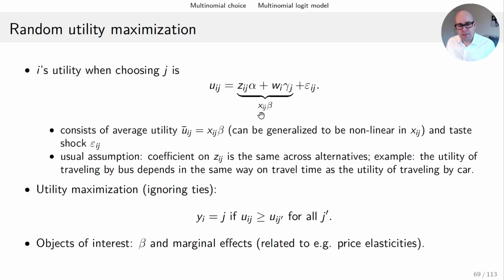And this just helps us in the sense that we can thereby use a more compact notation. Utility maximization now means that the utility maximizing individual i will choose alternative j if the utility from choosing alternative j is no less than the utility from all alternatives j prime.